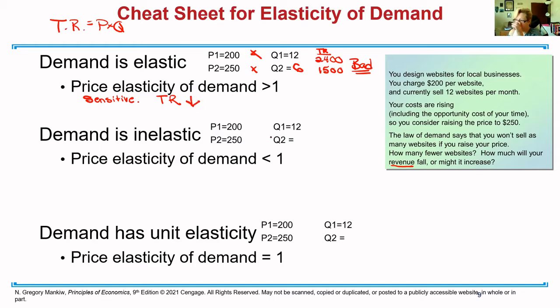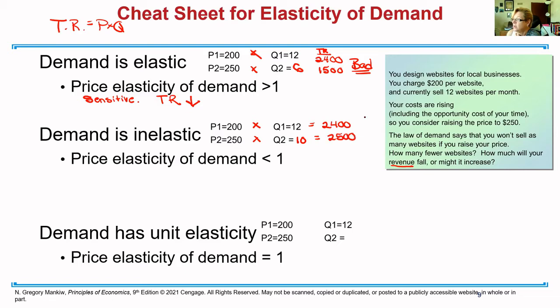All right, so let's try it if it's inelastic. Again, our total revenue at our beginning point was 200 times 12. So that's 2,400. Now, when we raised our price to 250, we only lost 2 customers. So was that a good idea? 250 times 10 is 2,500.